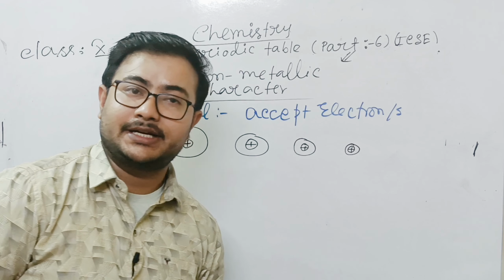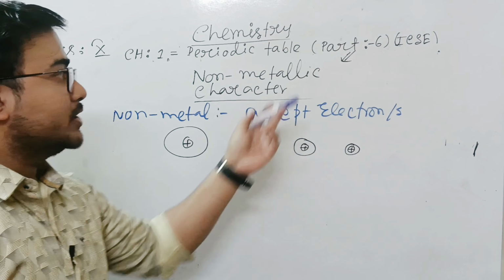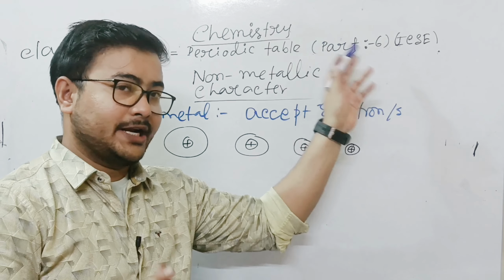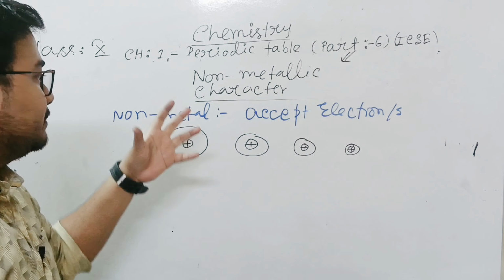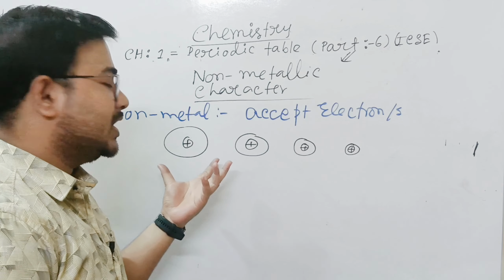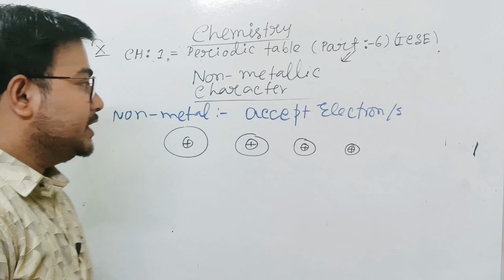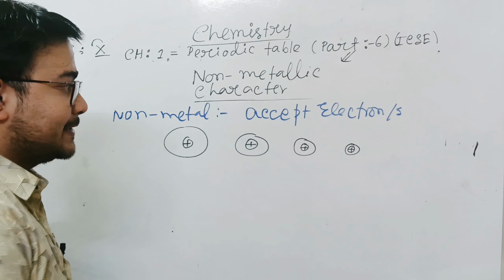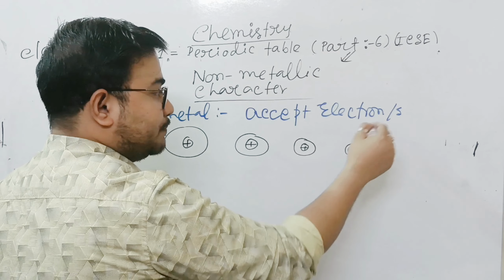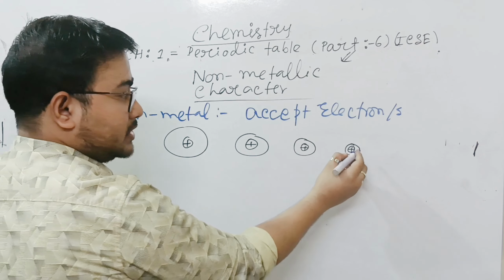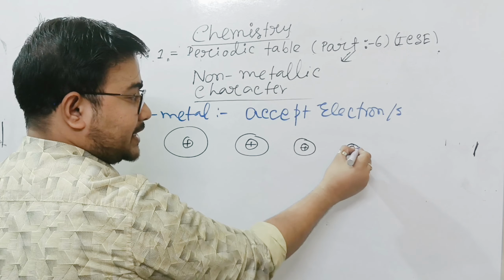Now tell me, as we move left to right, radius decreases or increases? All of you already know because I already completed part 1, 2, 3, 4 and up to 5. So from this part you can easily answer this question. As you move left to right, radius decreases. So if the radius decreases, it has a tendency to pull the electron, accept the electron, because if the radius decreases, attraction increases.